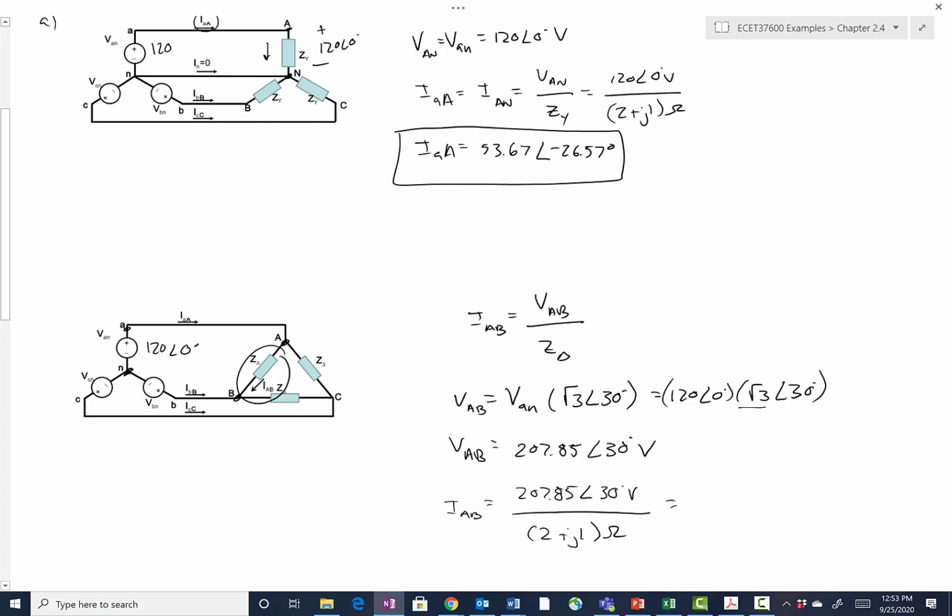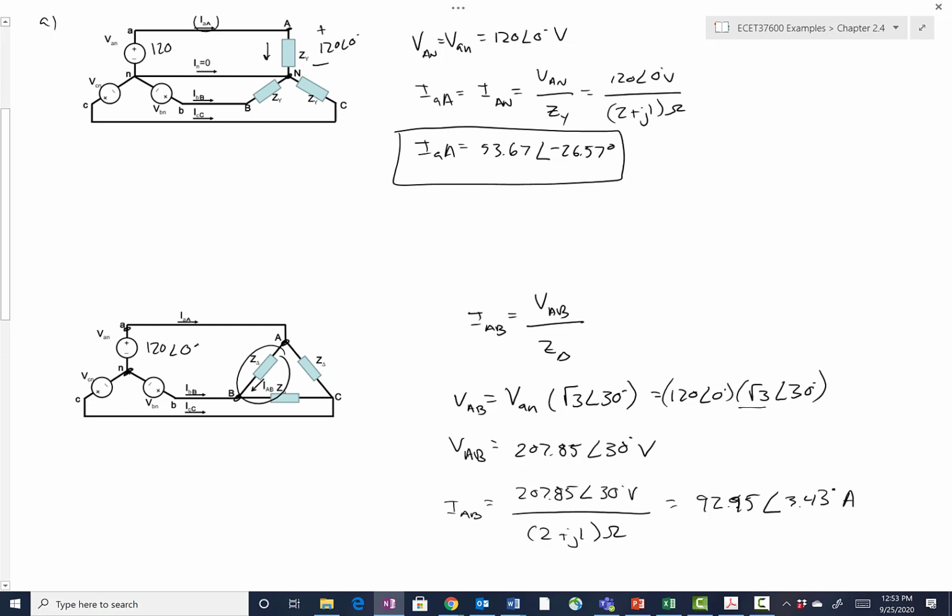So that's going to give us 92.95 at angle 3.43 degrees amps. So interesting that the current in that load is much higher in this configuration in the Y delta, and that's because of the voltage that the load actually sees being quite a bit higher.